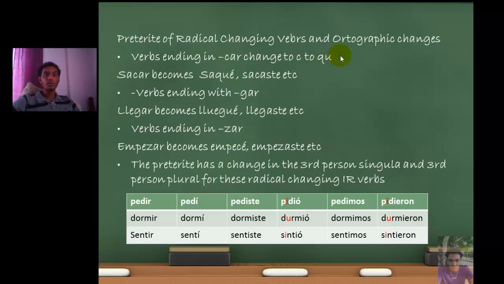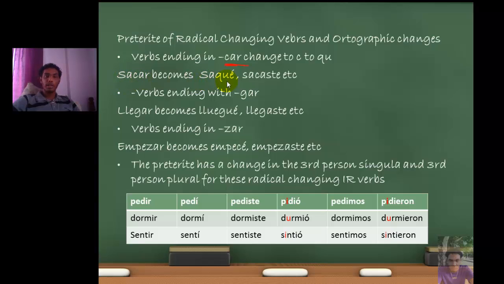The radical change in verbs ending in car, gar and zar. These are the verbs that are changing spelling. For example, verbs that end in car, you change the C to QU.